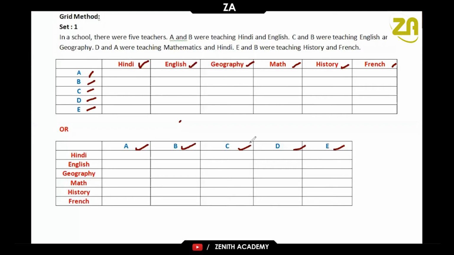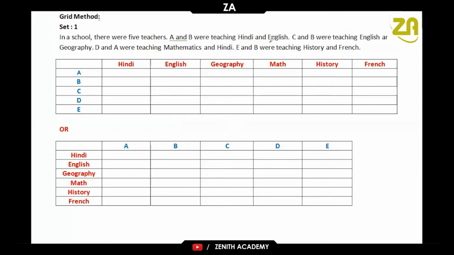You are making the grid with no fixed criteria. You may take one object on either axis. So let us see the importance of this grid.